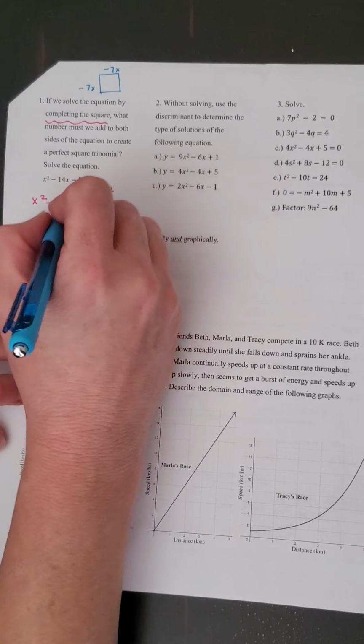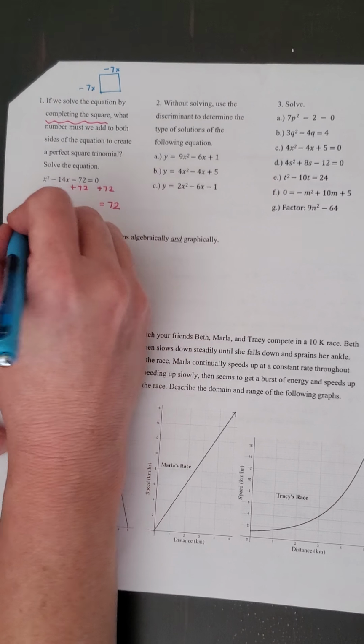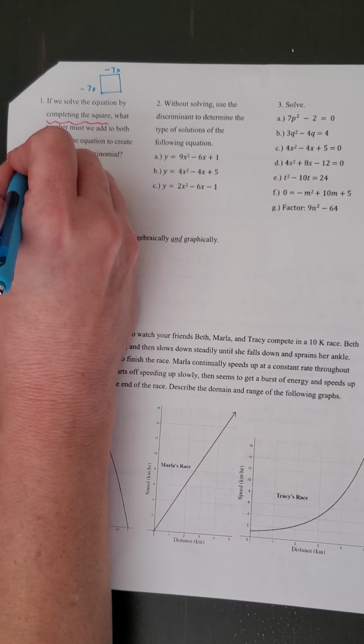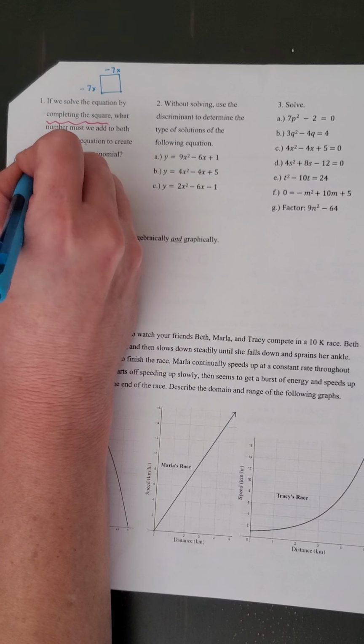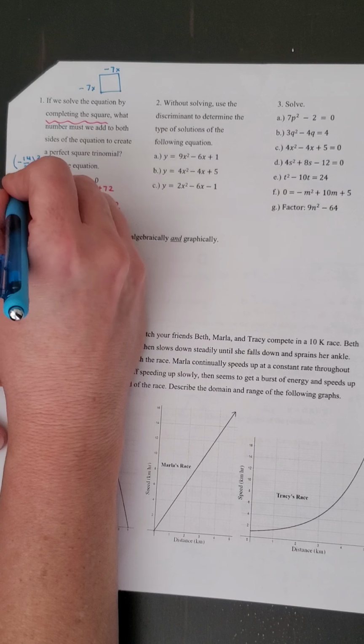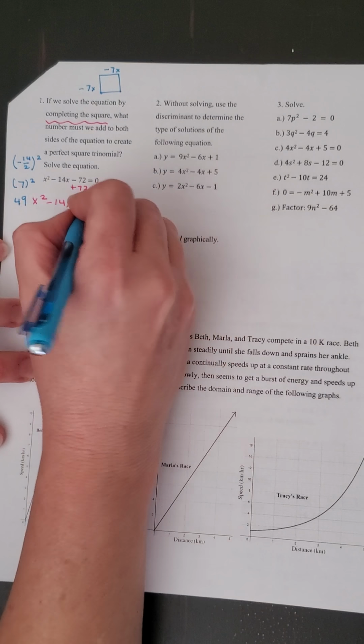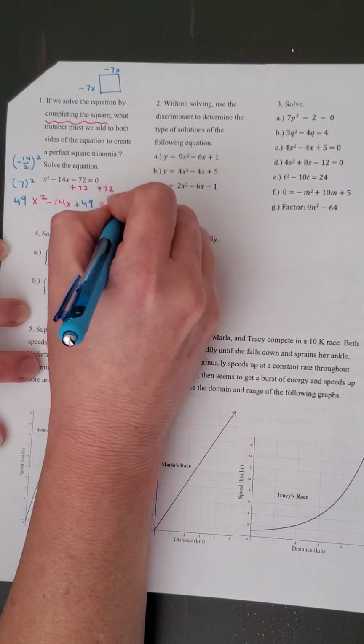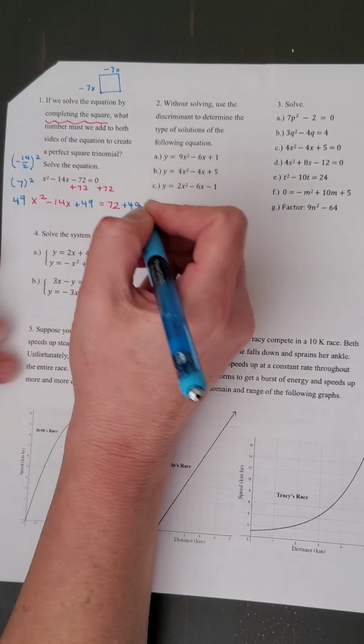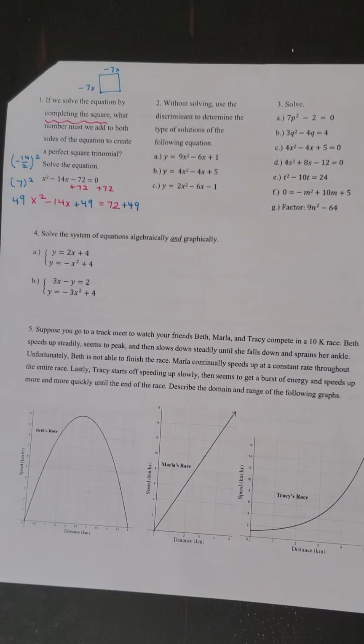And so I take my x terms, I divide them by 2, -14 divided by 2, and then I square it. So that gives me 7 squared, which is 49. And so then I would add 49 to both sides. All right, so 72 plus 49 is 121.